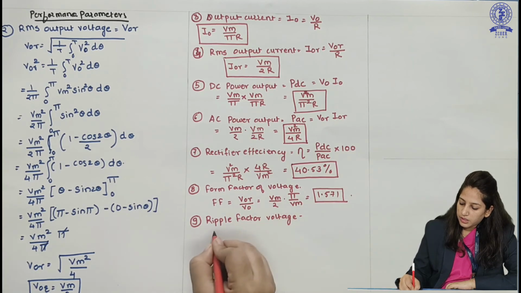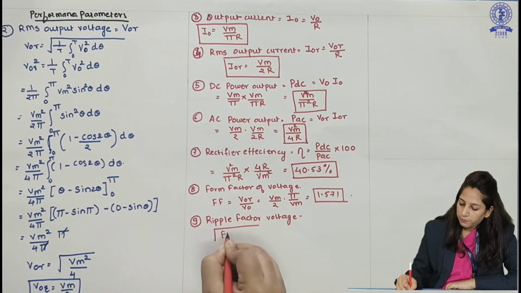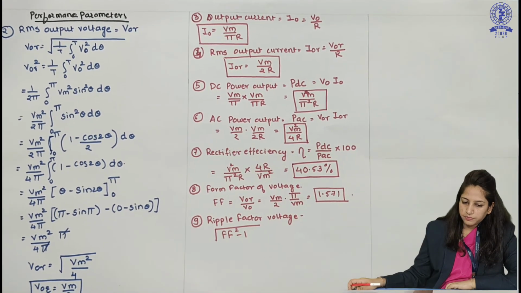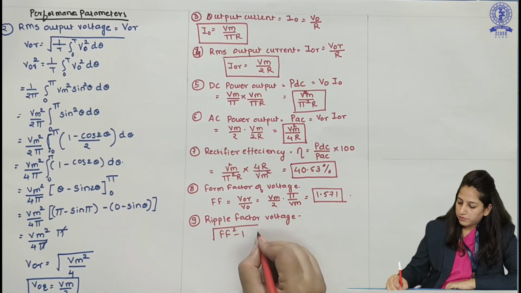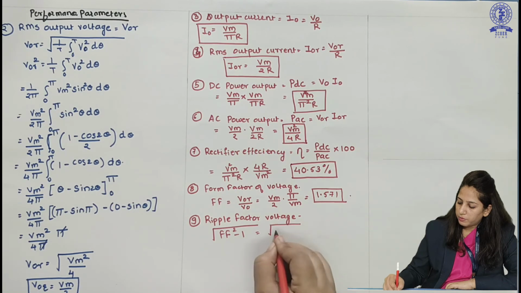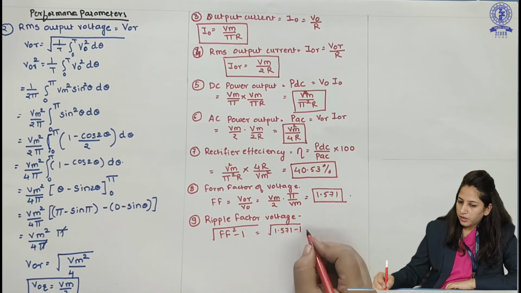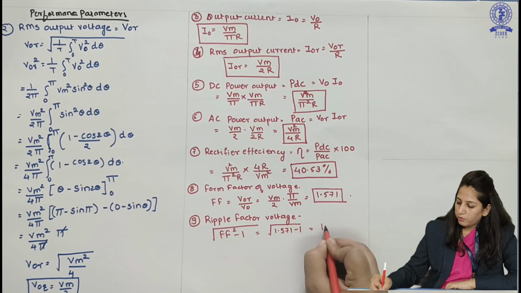Ripple factor is the square root of form factor square minus 1. So it will be the square root of 1.571 square minus 1, which will give me the value 1.212.